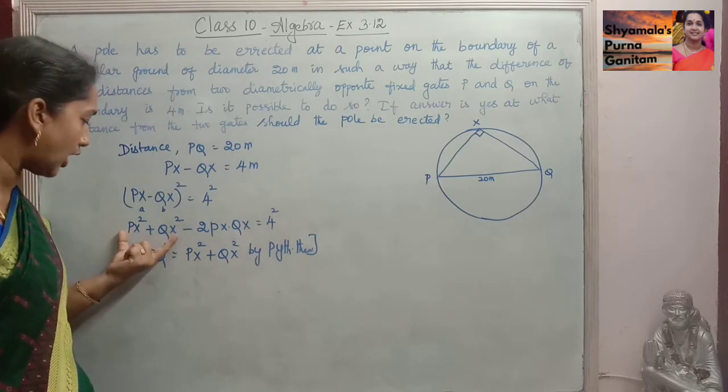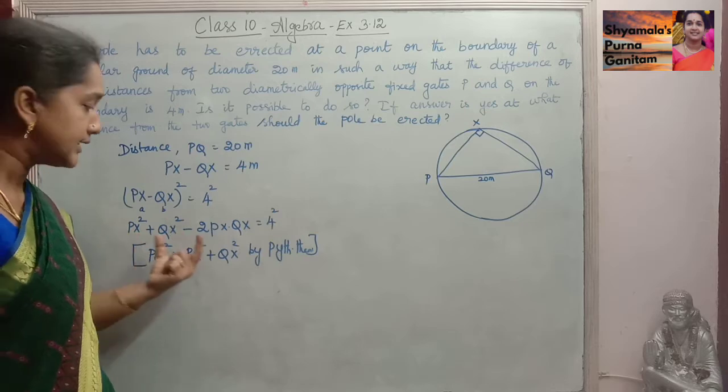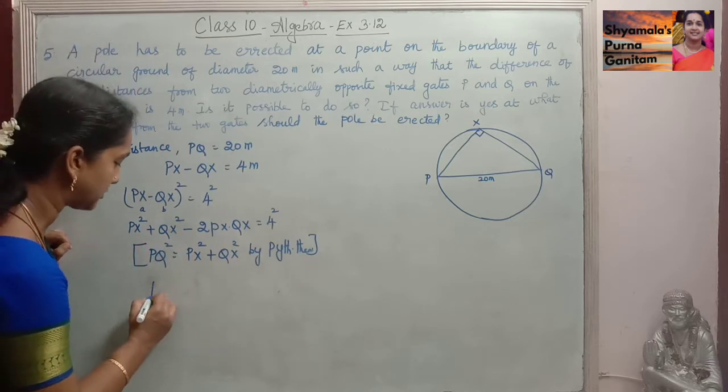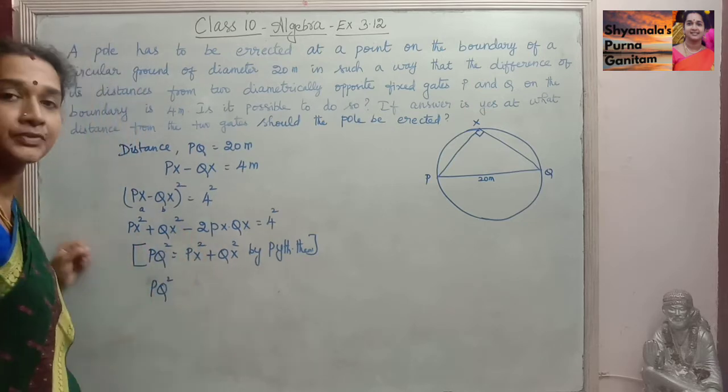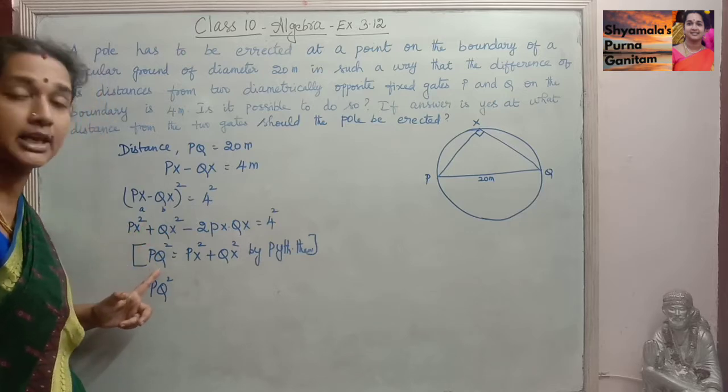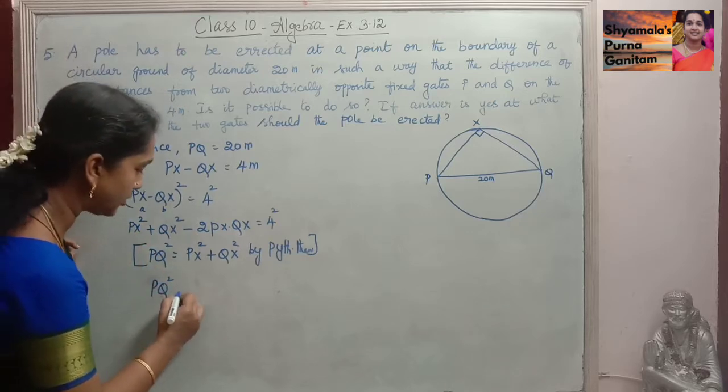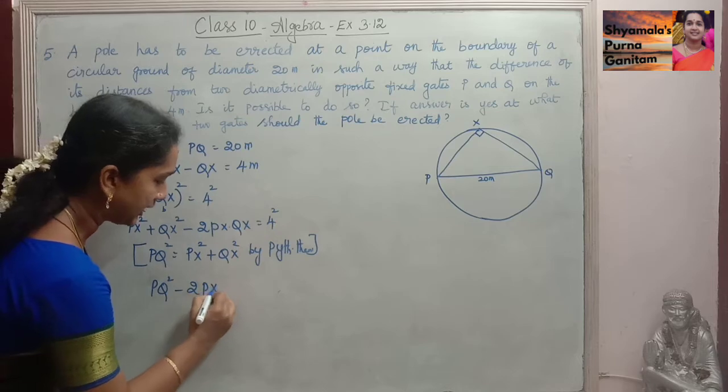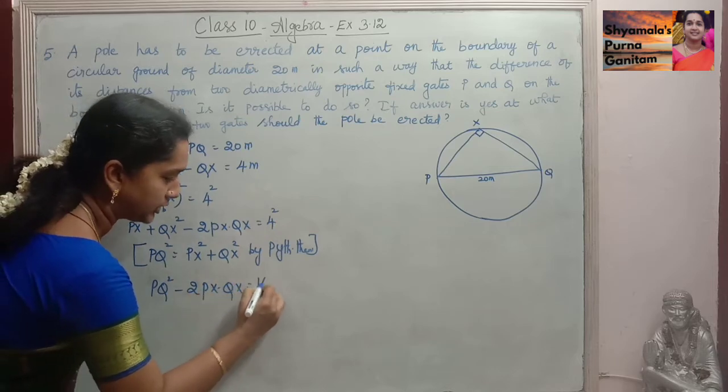So instead of Px squared plus Qx squared, we substitute PQ squared. So PQ squared minus 2 Px into Qx is equal to 4 square, that is 16.